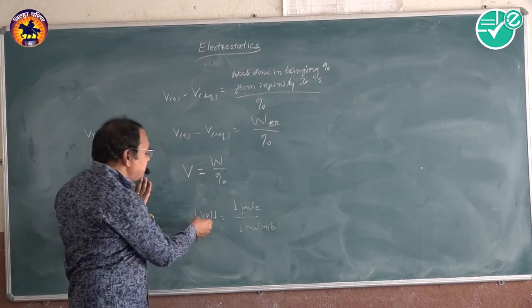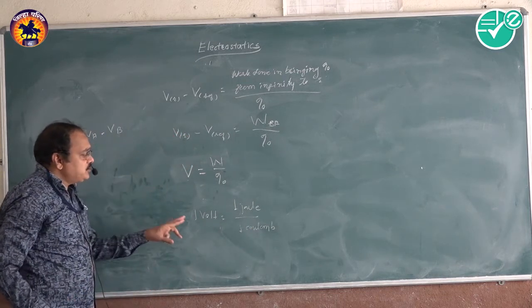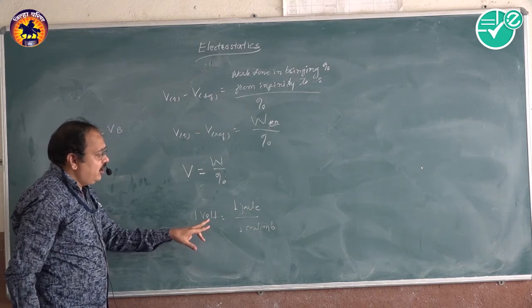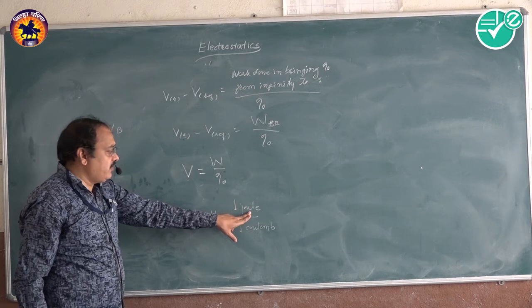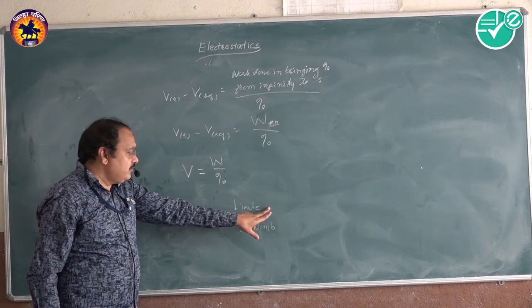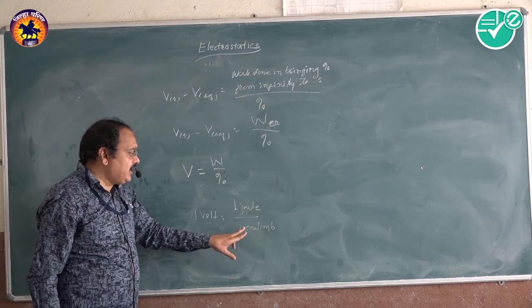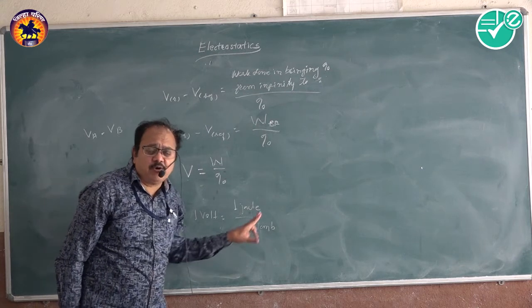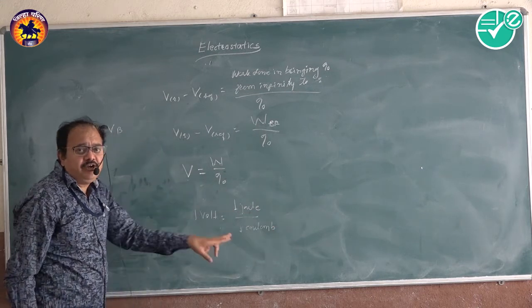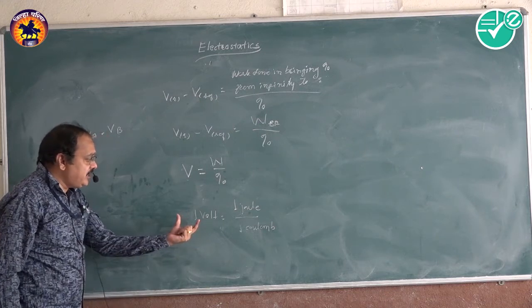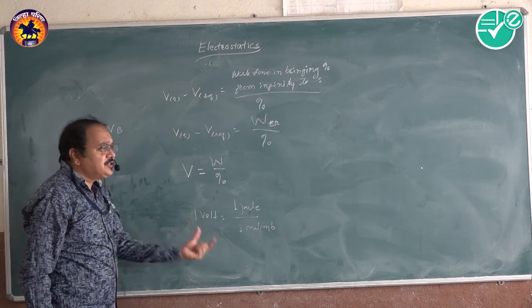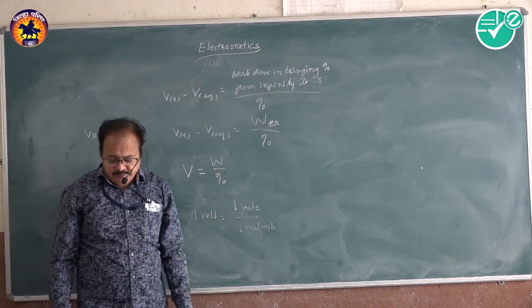Here is the definition of 1 volt. That means 1 joule of energy is required to do the work to bring 1 coulomb of charge from infinity to the present reference point, and then the electric potential is said to be 1 volt.